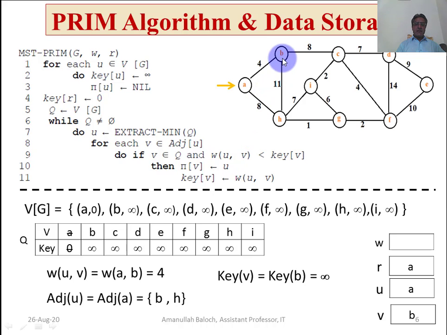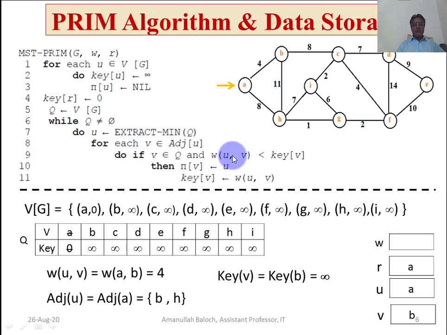Now, what is the key value of B? Here you may see in the set the key value of B is infinity, while the key value of A is 0 and the weight is 4. So here we will compare the weight of UV, that is the weight of AB, equal to 4, is less than the key of V. The value of V is B. Key of B is equal to infinity.